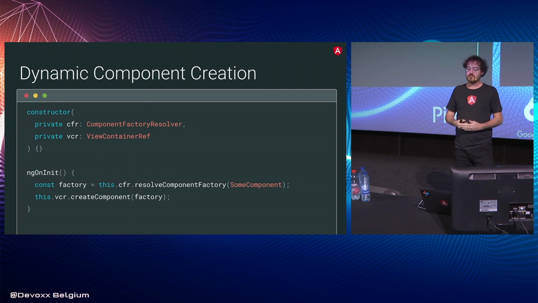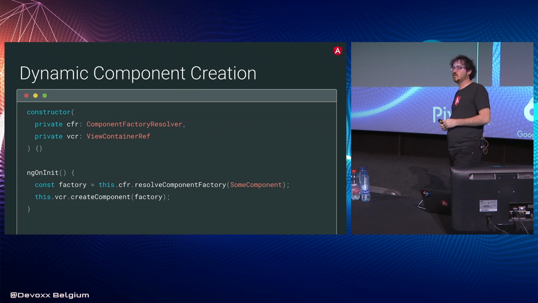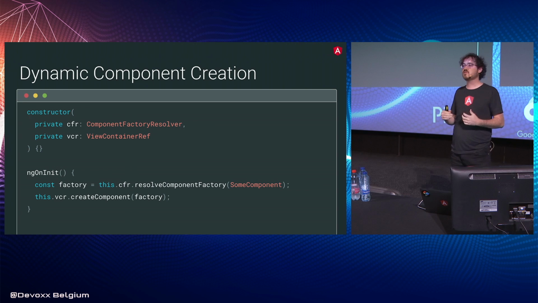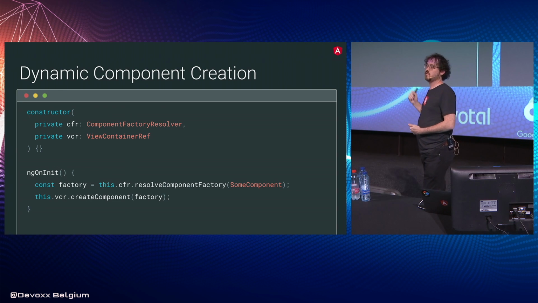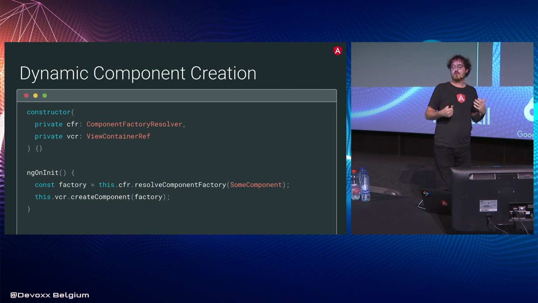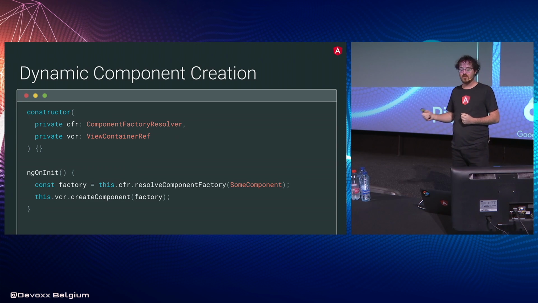There are other areas of the framework where tree shaking becomes difficult. One in particular is this pattern of dynamic component instantiation. This often comes up when you want to insert a component into some part of your view, but you don't actually know until runtime which component that's going to be. And this can happen, for example, if you have things like overlays or tooltips or modal dialogues.